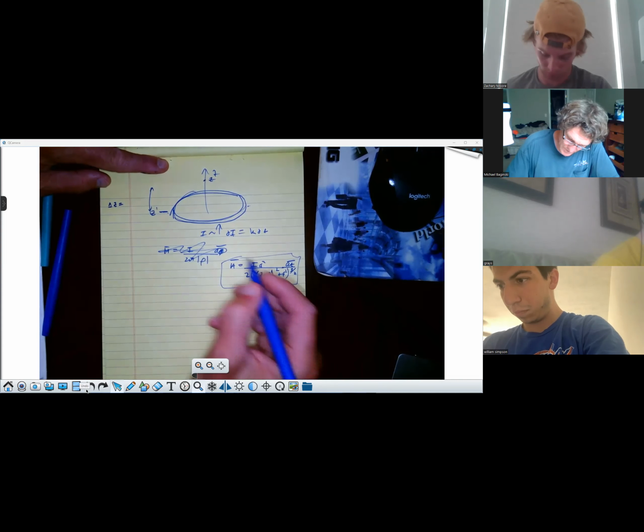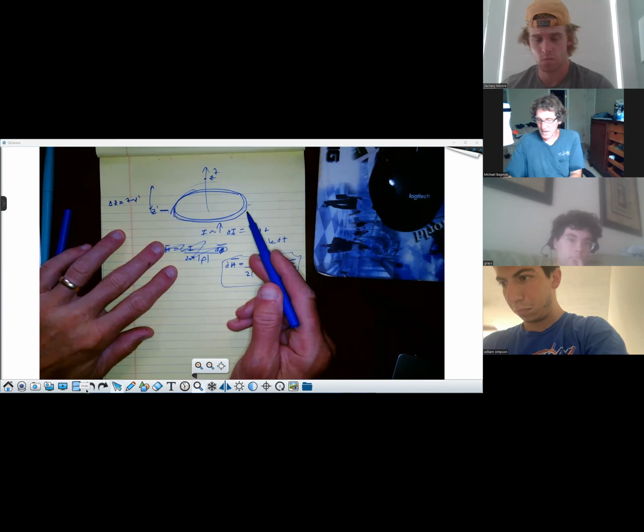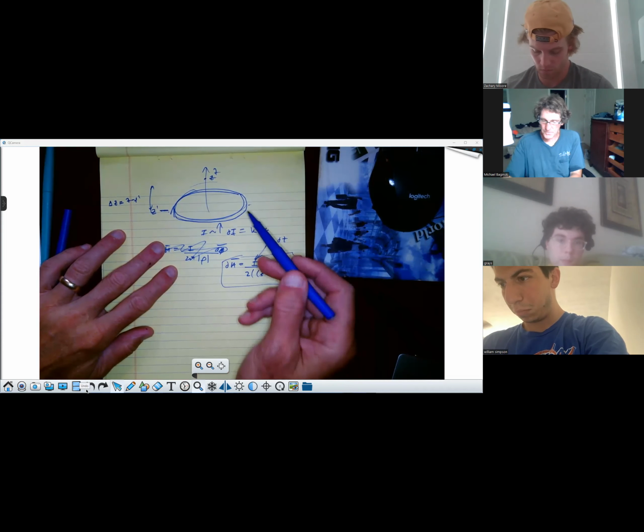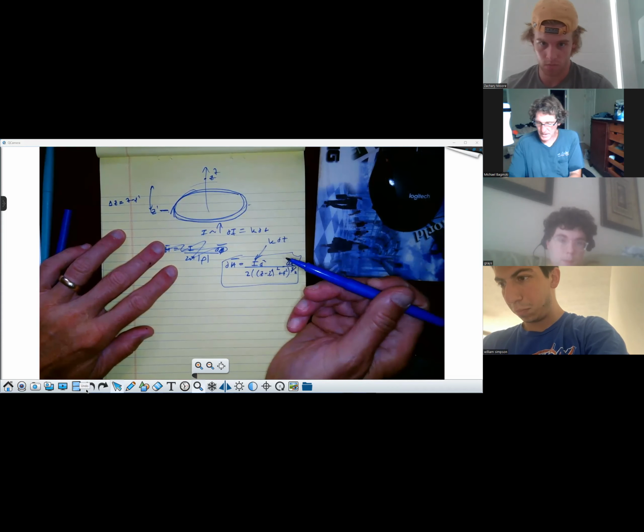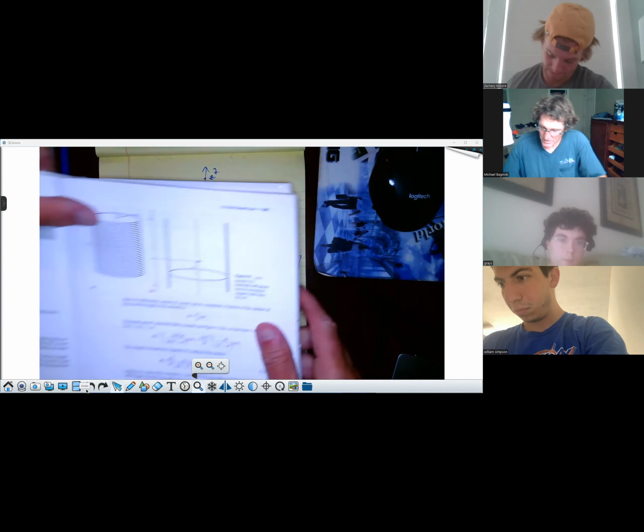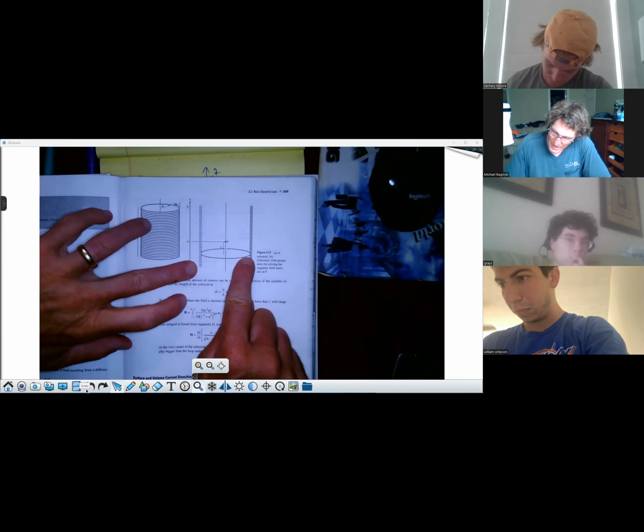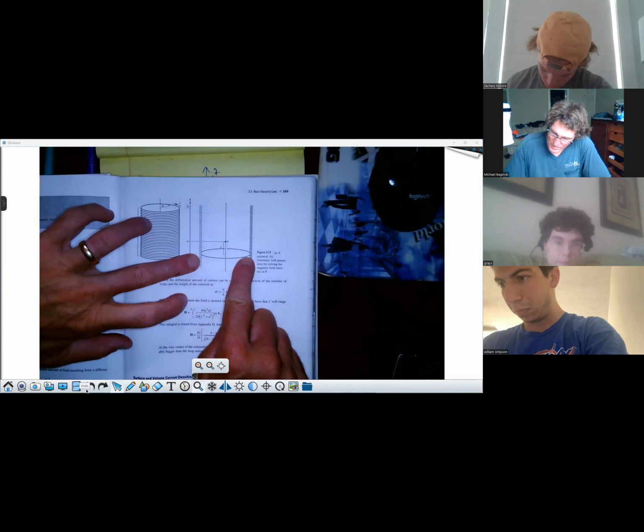Now, this is getting a little hairy, I know that, but I'm assuming I figured out for a single loop of current what the H field was at height z. So I'm going to use that as a building block and say, if I know the differential current from a single loop, suppose that's a differential amount of current there, what is the differential H field it causes here?